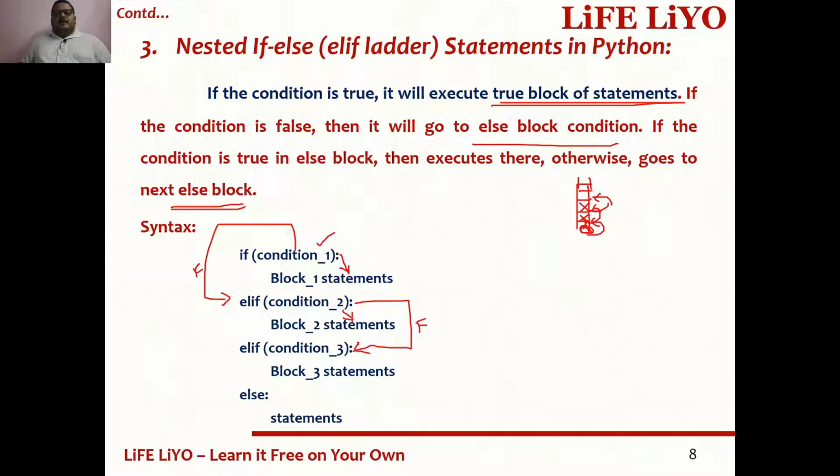If the condition is true in block 3, these block 3 statements will be executed. If it is false, there is no other condition to move to, so it will simply move to the else at the end. So if all the conditions fail, simply the else block statements will be executed. Otherwise, the respective condition block statements will be executed.